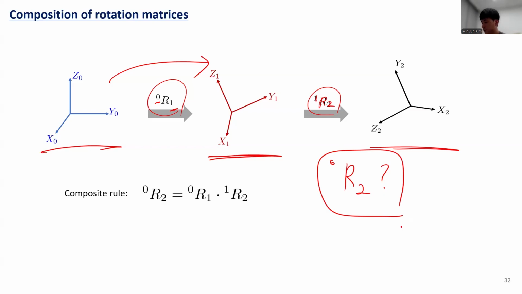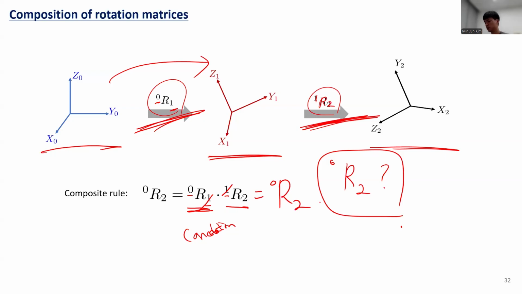And the answer is we can just multiply these two rotation matrices, okay? And here's something like cancellation. When we multiply the rotation from 0 to 1 and the rotation from 1 to 2, you can actually cancel out the 1 and 1, one on the bottom and one on the top. And the result becomes the rotation from 0 to 2. Okay, so this cancellation is quite interesting. And this is the composition of rotation matrices.